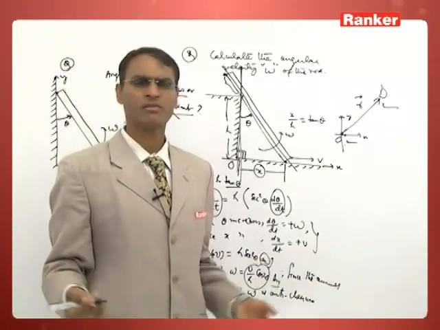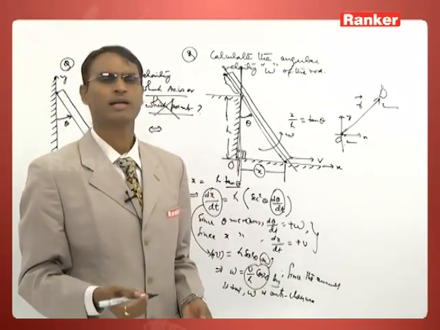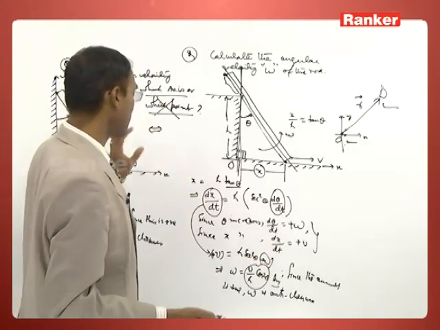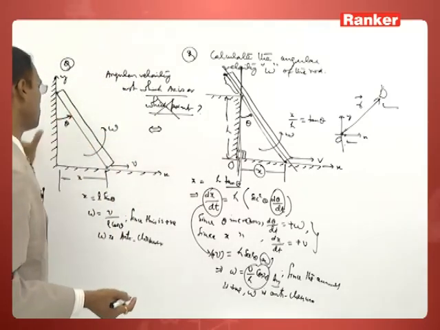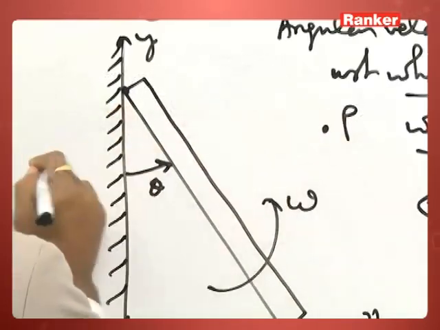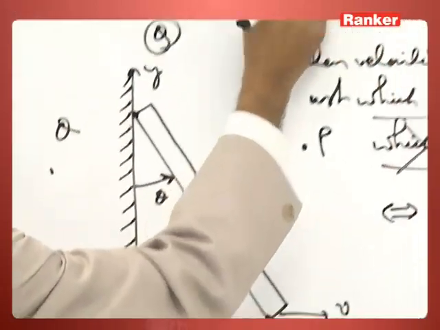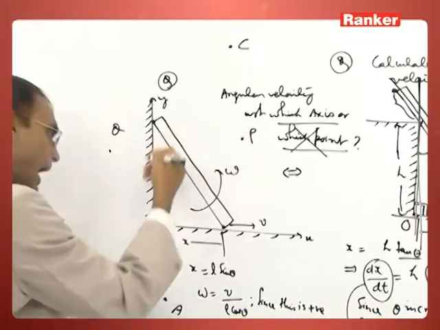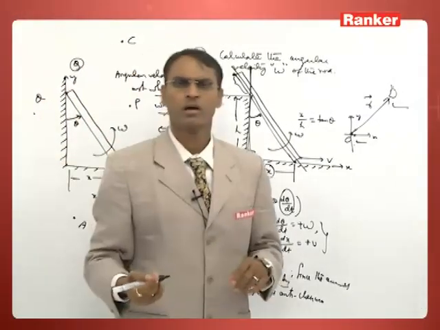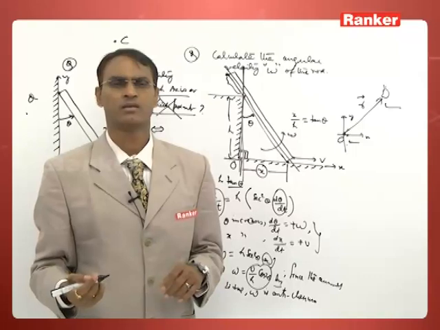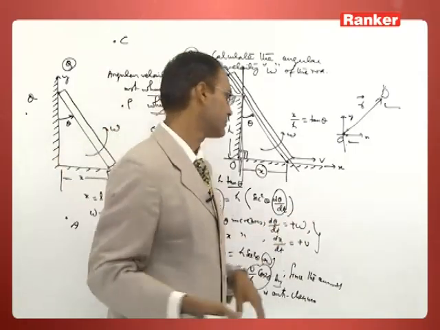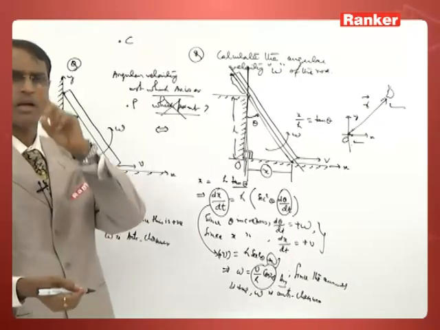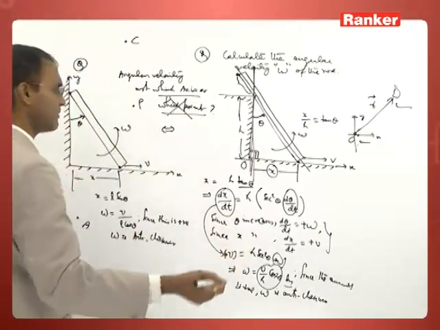About all the points, angular velocity of a rigid body at any instant remains the same. At a given instant, angular velocity of the rigid body about this point P, about this point Q, about this point C, about this point A, with respect to all the points, angular velocity of the rigid body or of the rod is the same. So angular velocity does not depend upon any reference point. This is a great concept.